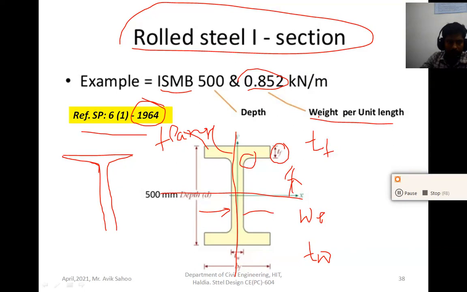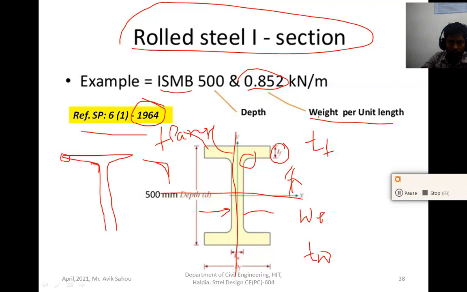When the load is transferred, the load acts on the flange and transfers from the flange to the web. Here you see a cantilever portion, from the web to this part. So the minimum depth is used here, and here it is maximum. It is parabolic, a curve shape, because it is not like this straight. The actual pattern is the curve shape.